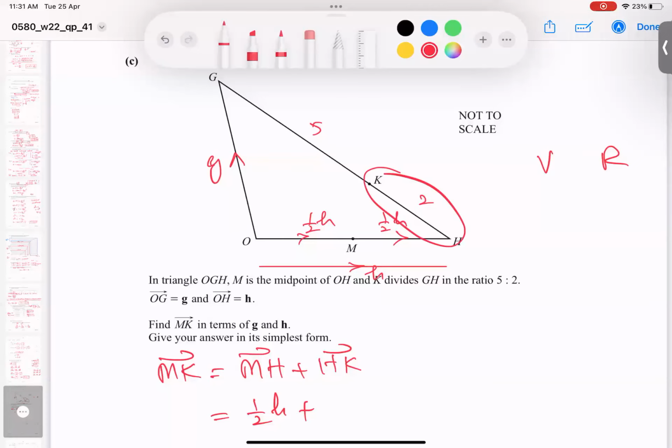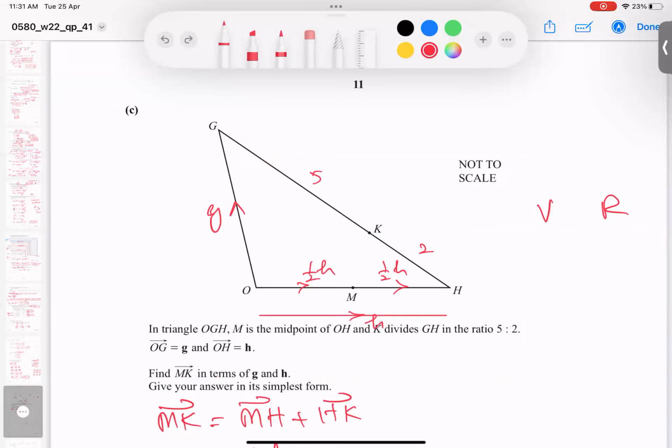First vector is HK, with 2 ratio. Second vector is KG with 5 ratio. And last vector HG, starting from H ending at G, but 7 ratio because 2 plus 5.